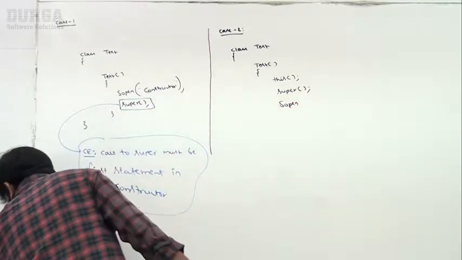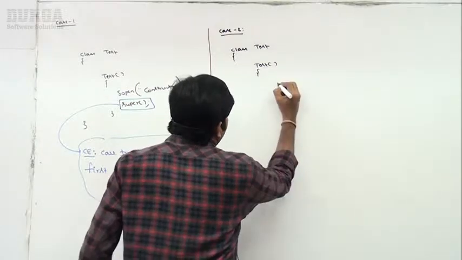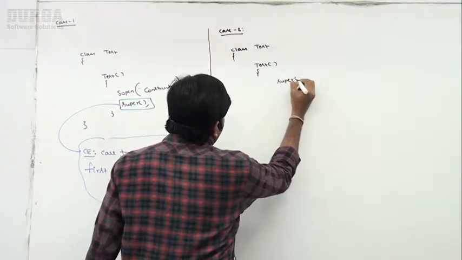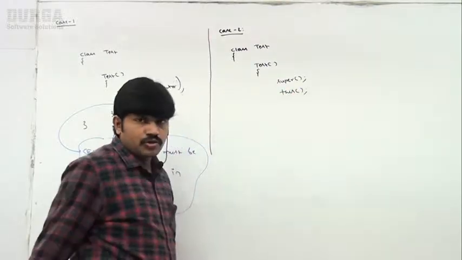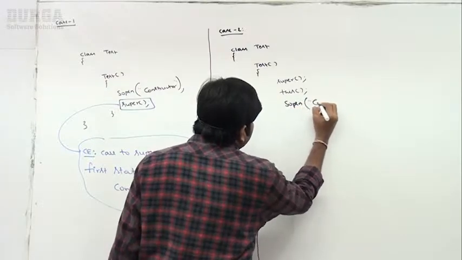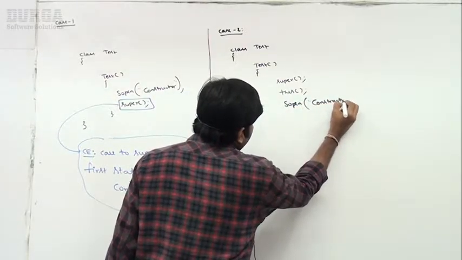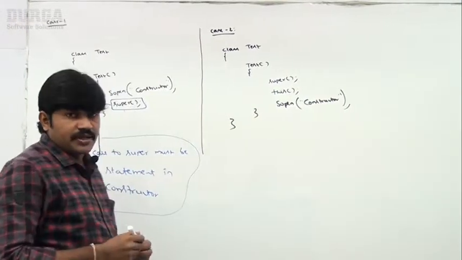Okay, one minute, different error. So just let me make a small change. Super I am taking, and then this I am taking, and then System.out.println("constructor"). Like this I'm writing the code.